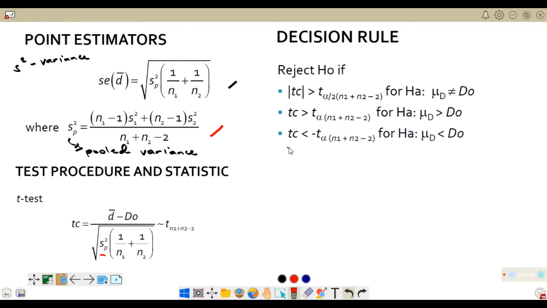At kapag left-tailed naman siya, T computed must be less than negative T alpha, with the degrees of freedom n sub 1 plus n sub 2 minus 2. Okay? So, this is for two-tailed, this is for one-tailed right, one-tailed left.